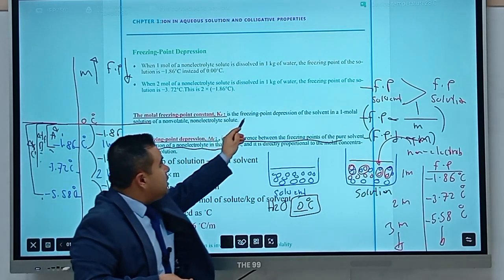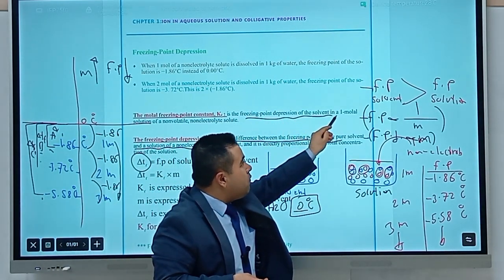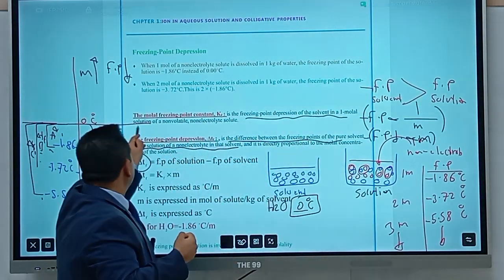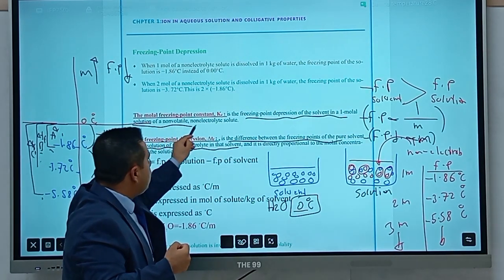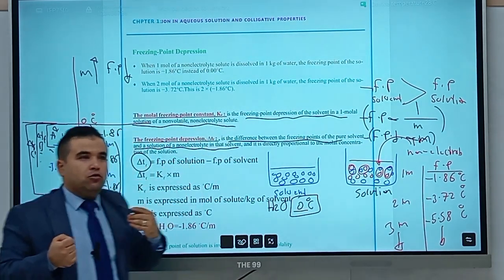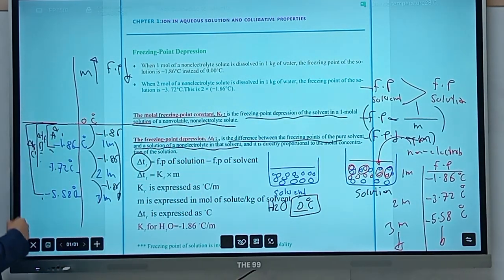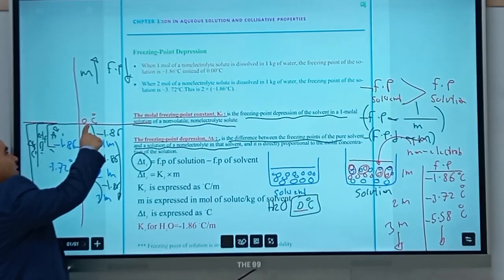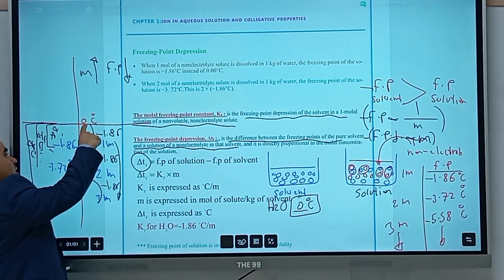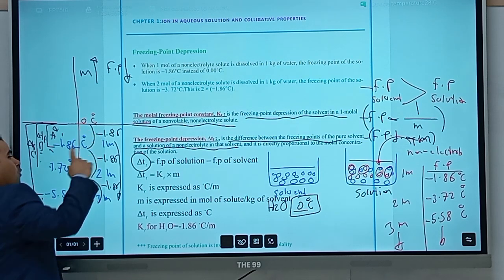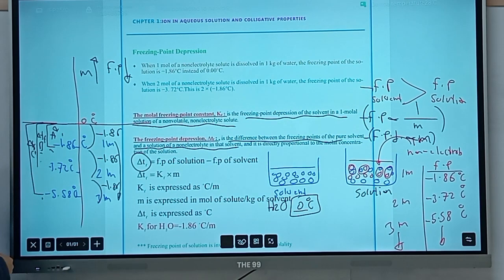It is the freezing point depression of the solvent in a 1 molal solution of a non-volatile non-electrolyte solute. And that value for water must be memorized. We'll be talking about it in detail, but I want you to understand the Kf, which is the depression constant for 1 molal of a non-electrolyte non-volatile solute.